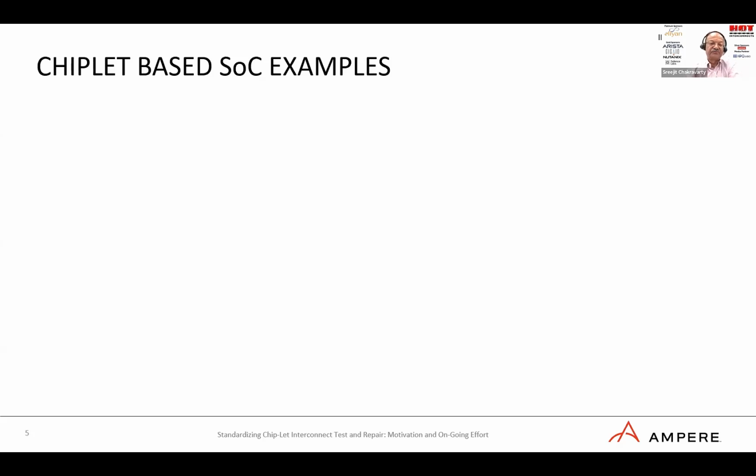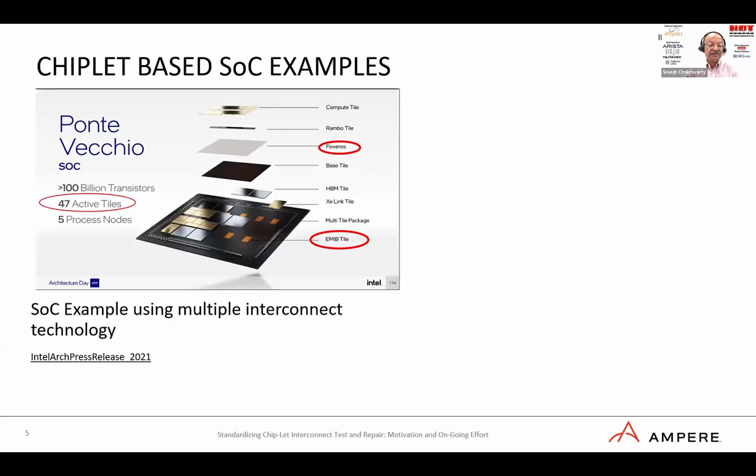So, I wanted to provide two chiplet-based SoC examples. I was fortunate enough to work on both of them. They are a bit dated, but will illustrate an important point I'm trying to make. So the first one here is what is known as PVC or Ponte Vecchio. This is an HPC product, and Intel had put this on the market.